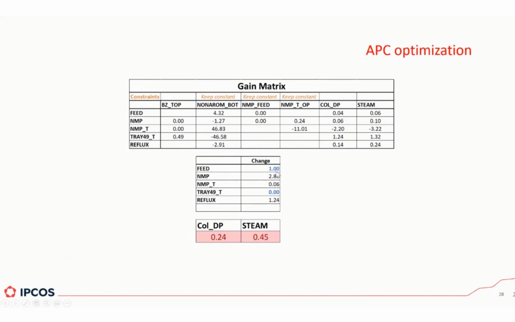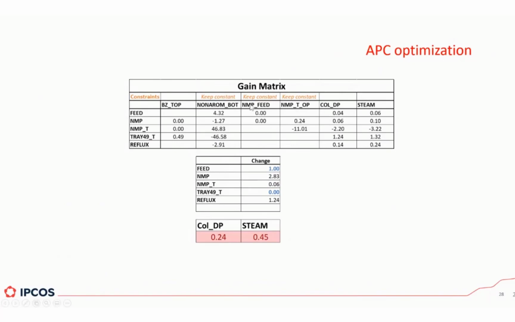And then if you want to change your feed 1 unit and you want to keep constant your bottom impurities, you want to keep constant the ratio between the solvent and the feed, which we said is important to keep constant because it's a measurement of the degree of separation. And if you keep constant also, for example, this valve, let's suppose you're very close to the constraint where you cannot cool down your solvent anymore.